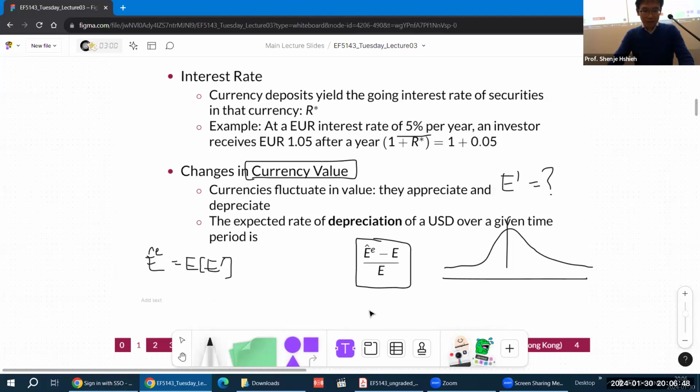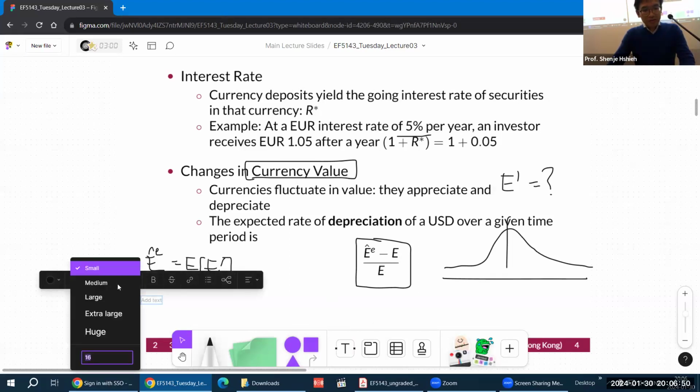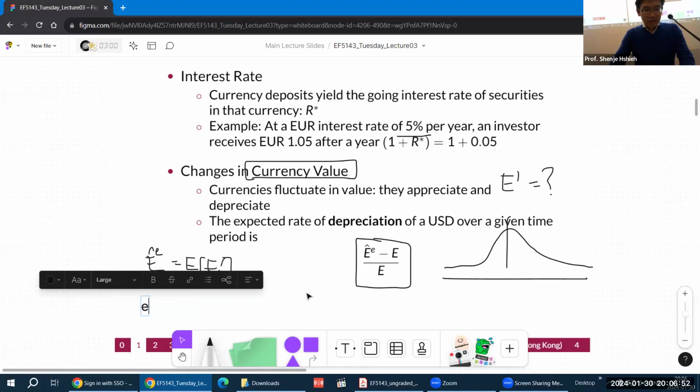So let me write that. This is the expected value of future E, which is E prime. How do we get E hat E?